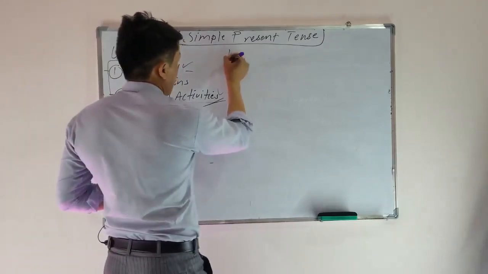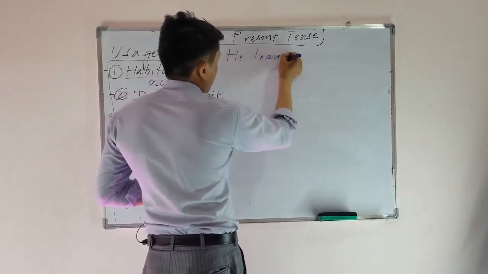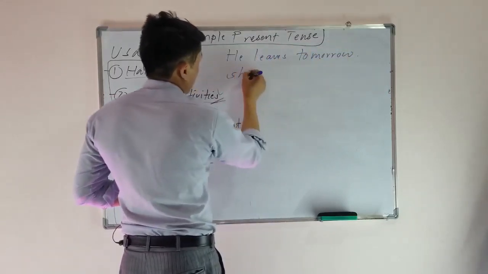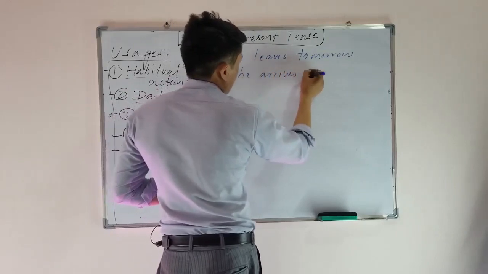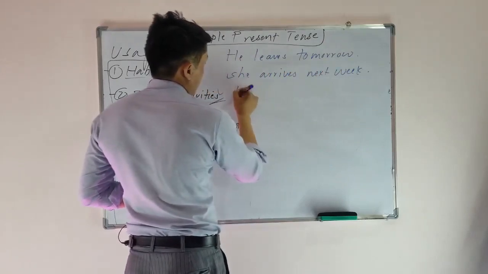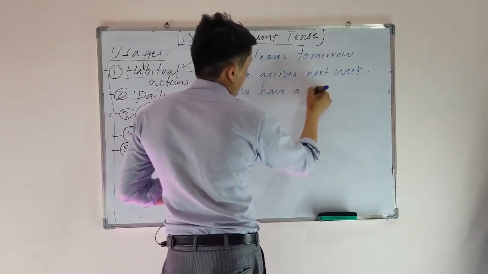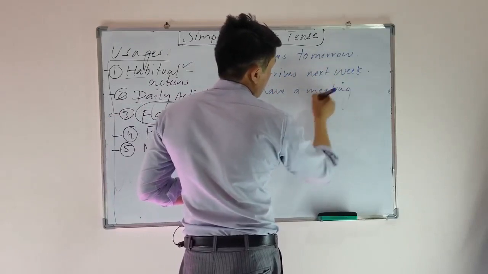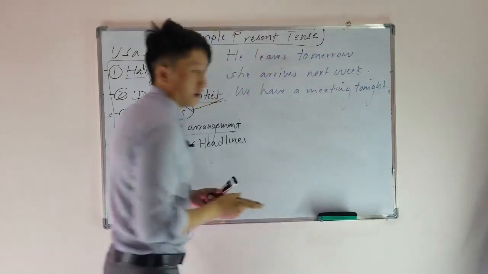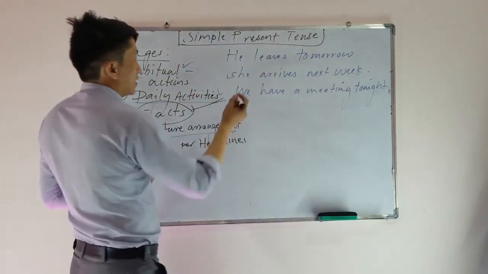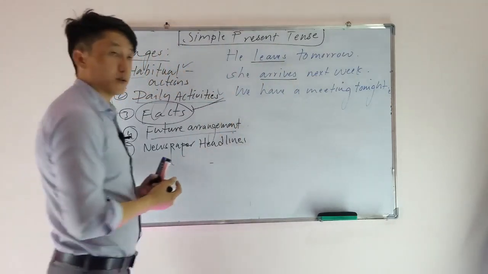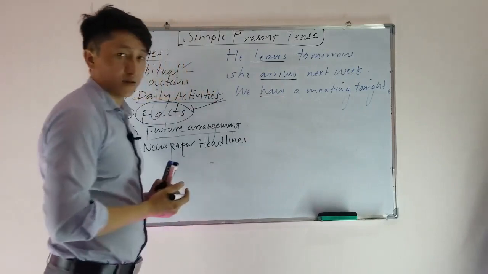For example, if I say he leaves tomorrow, or she arrives next week, or we have a meeting tonight. Now, he leaves tomorrow, simple present tense, or she arrives next week, simple present tense, or we have a meeting tonight, simple present tense.